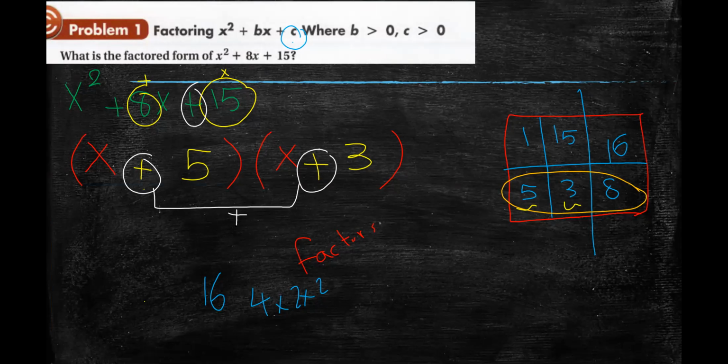So my factors are x plus 5 times x plus 3. If you multiply them, using any way that you learned the previous week, you will find this answer. This is the factoring. Is it clear? I will do other examples, but is the general idea clear?